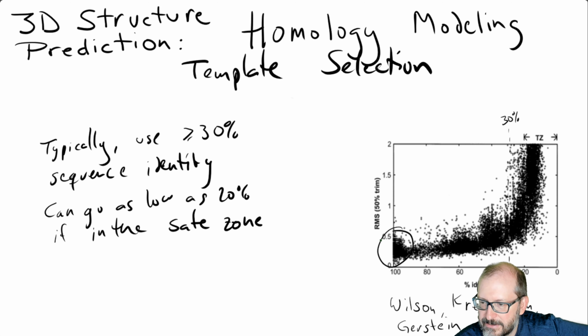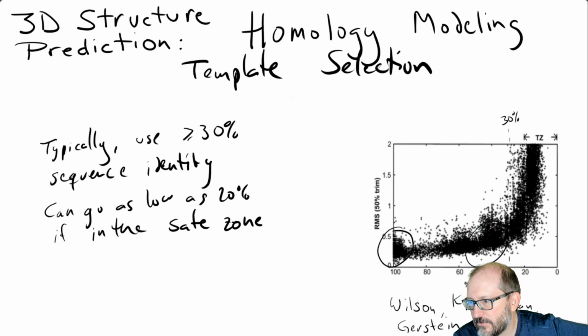You can say, oh yeah, I can assign the structure, and if I know the right answer, I determine that the root mean square deviation is less than half an angstrom, right? And that actually holds up pretty well. I mean, you can see here that if you're at 40%, then you're still very likely to have structural similarity of less than 1 angstrom RMSD, root mean square deviation.